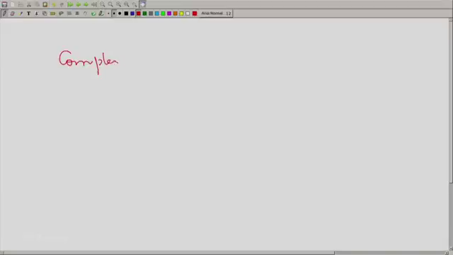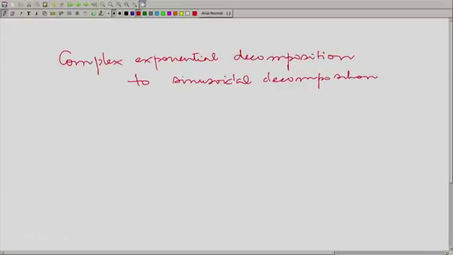Now, how do we go from the complex exponential decomposition back to the sinusoidal decomposition? So, let us look at that. Complex exponential decomposition to the sinusoidal decomposition for real x(t). Very easy.